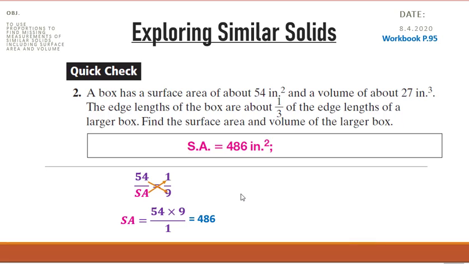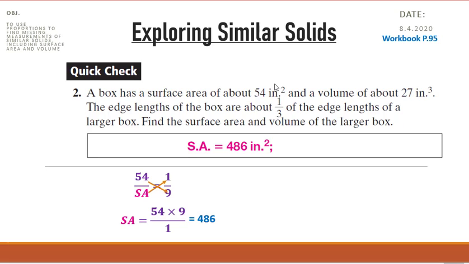Okay, Mu'ammal, tell me first, what's the ratio of the volumes if the ratio of the length is 1/3? So the ratio of the volumes. Okay, Hassan, what's the ratio of the volumes? Hassan? Can I answer, Mr.? Okay, Faisal did it. 1/27.